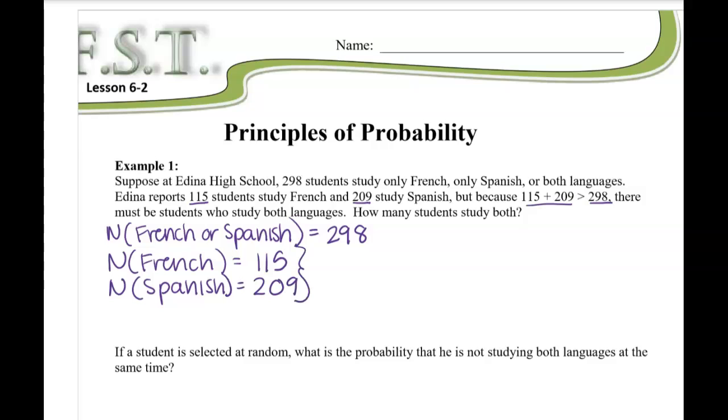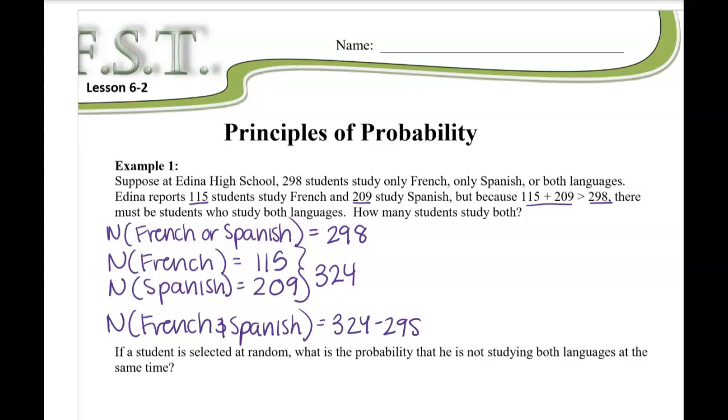If you add 115 and 209 together, you get 324. Then the number of French and Spanish, so our overlap, basically we take our 324 and we subtract 298, and we end up with 26.